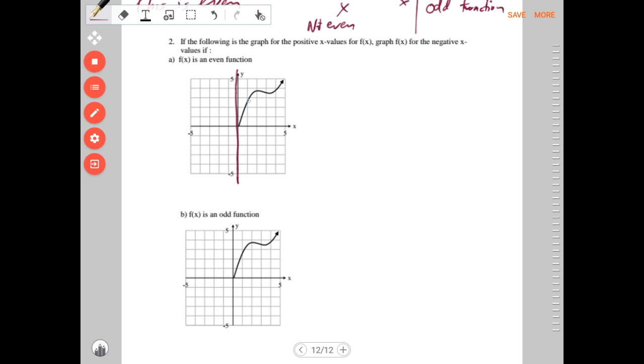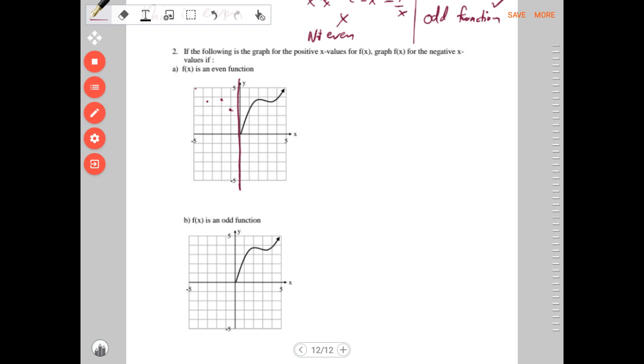Okay, so let's see, that point's about there, this point is about there, that guy is about there, and we kind of go into the corner, so this looks like this. That would make it symmetrical about the y-axis. I know my pen is kind of thick, so there's not as much space there, but that's the idea.